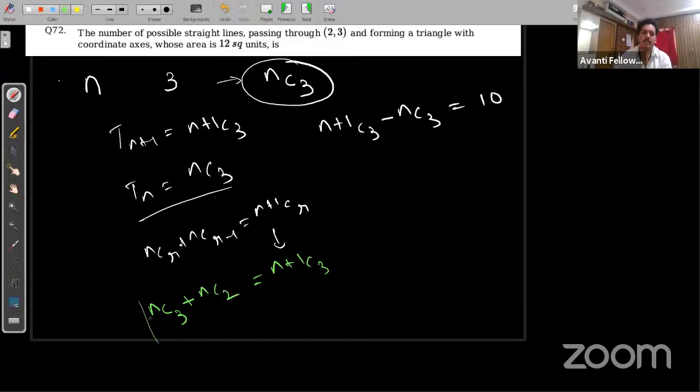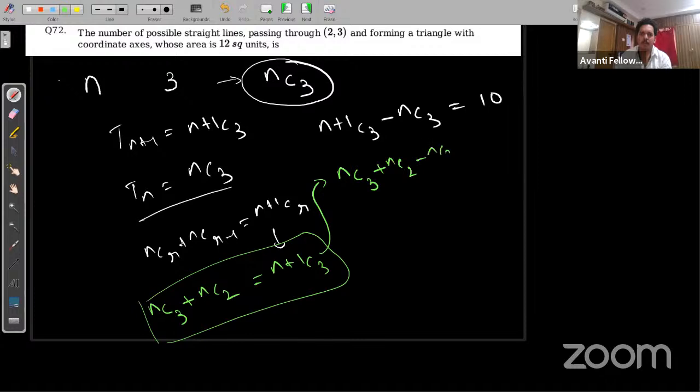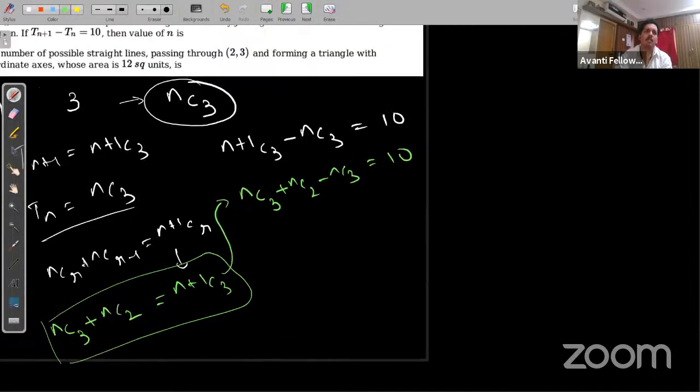So this one I will just keep it here so that it will get cancelled. nC3 plus nC2 minus nC3 is equal to 10. Okay. So try to use the formulas and it will be very helpful for us. You will get the answer very directly. See, nC3 and nC3 got cancelled. So nC2 is equal to 10.